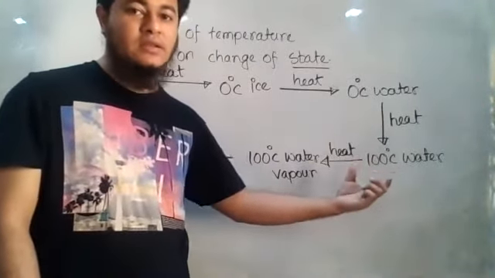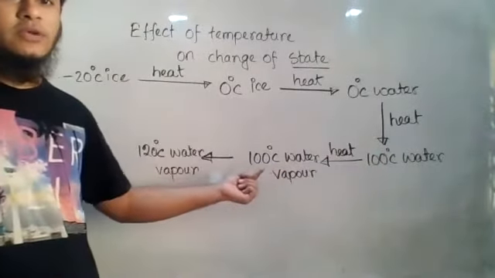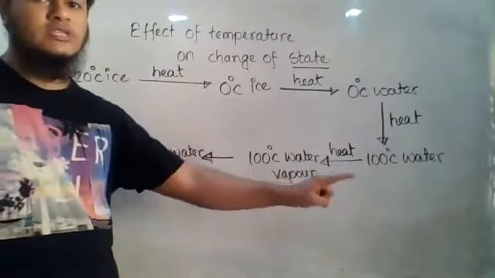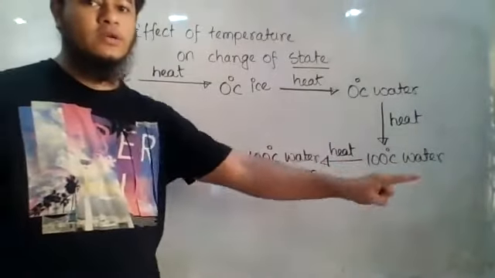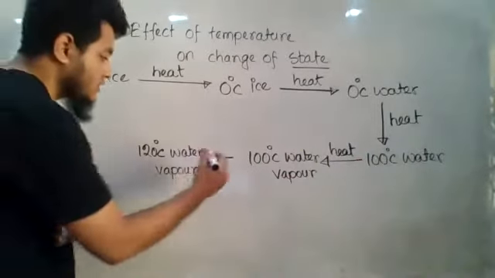Then again the temperature will stop increasing. The water will be converted to water vapor without changing that temperature. So when all the water has evaporated, again the temperature will increase if you keep on heating.